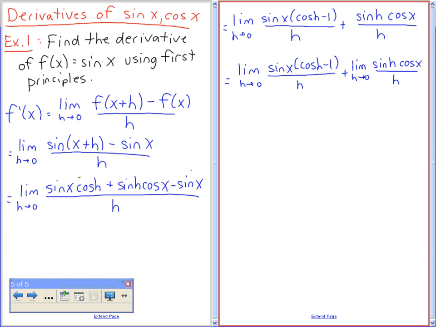Why did that one change to sine h? Which one? Oh, I always wanted to just write it down. Now this is important: I'm going to take sine x out because it's not affected by the limit.